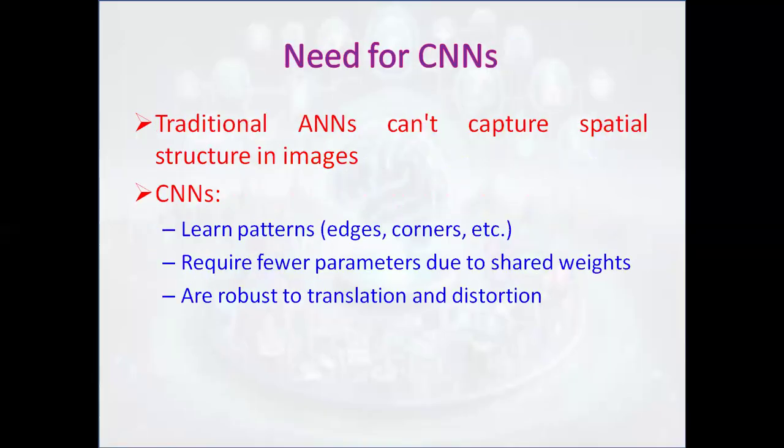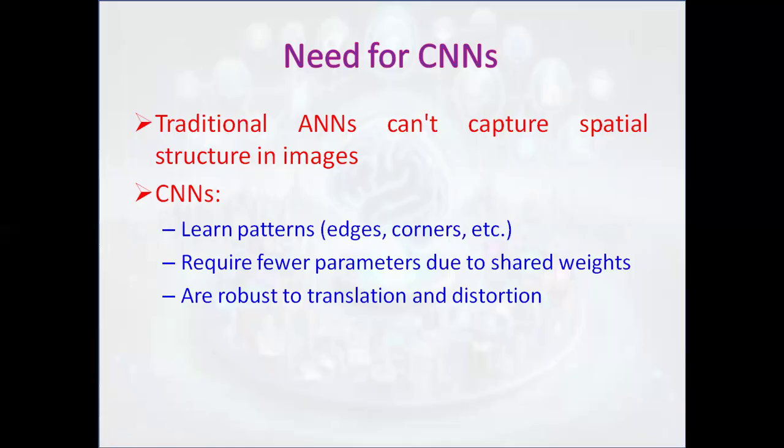Next, the need for CNNs. Traditional ANNs treat all input data equally and do not preserve spatial structures, making them less effective for images where nearby pixels often relate to each other. CNNs overcome this by learning localized patterns like edges and corners using filters, which helps them understand visual context better.